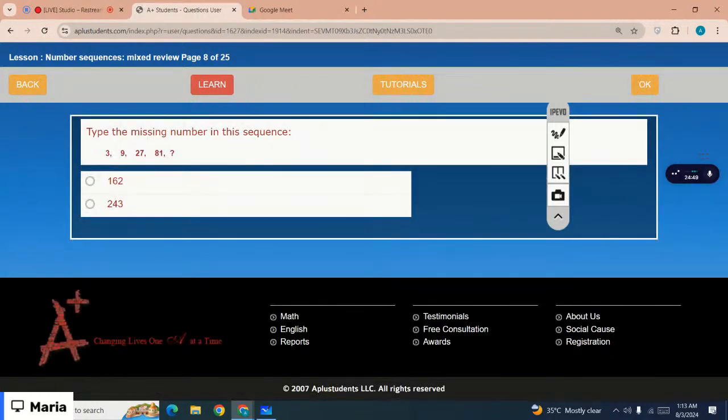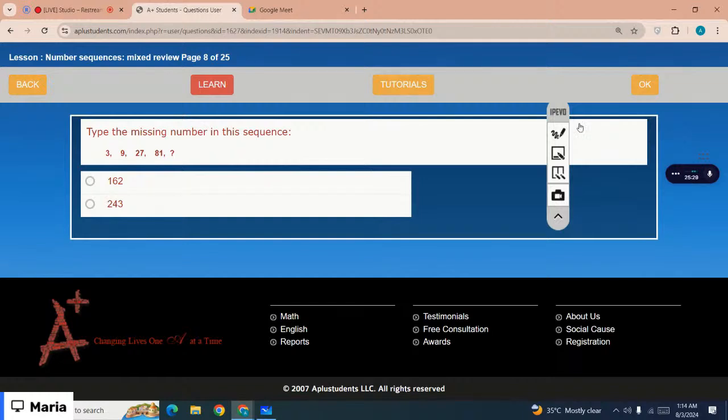Okay, the next one is: type the missing number in the sequence. The correct option is, yes, 243.